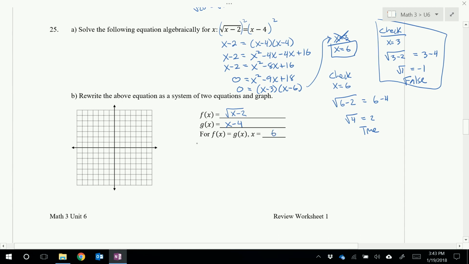So first of all, g of x is a line, crosses the y-axis at negative 4, has a slope of 1, and f of x, square root function, starts at 2, 0, and I'll get some points here for that one for f of x.